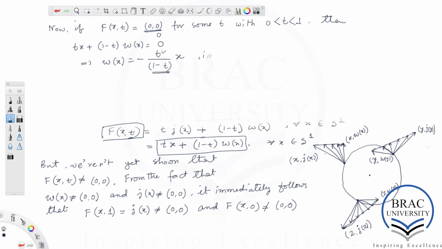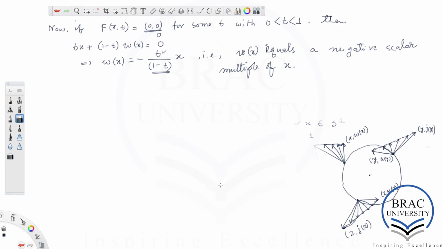That is, w of x equals a negative scalar multiple of x. Okay, good. So we have found that w of x is a negative scalar multiple.